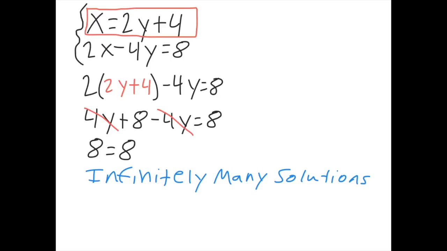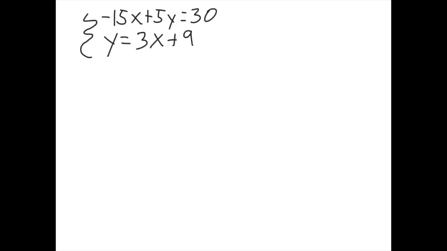And then you're done right there. You don't have to move on anymore. You don't have to solve for x and y. As soon as you find out that it's infinitely many solutions, you're done. Problem's over. Alright. Now to the next special case.